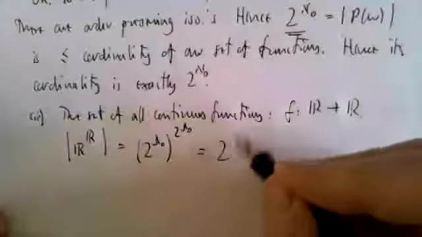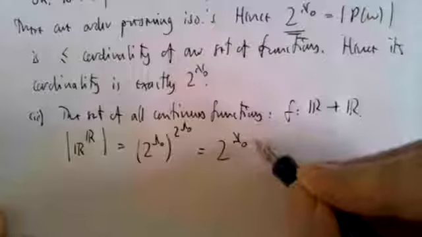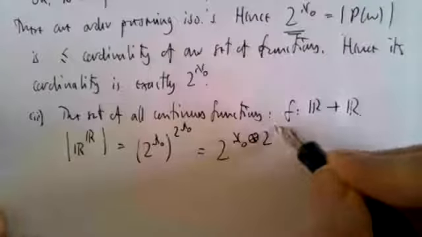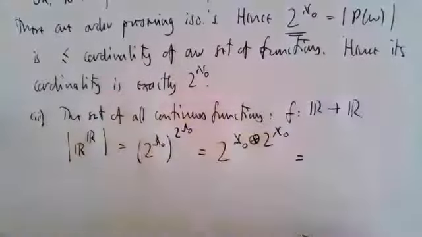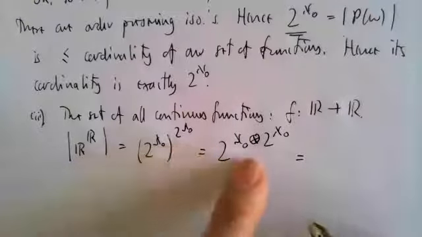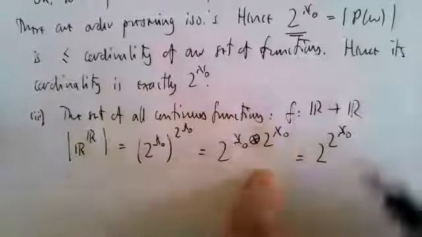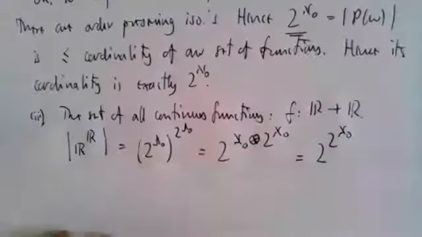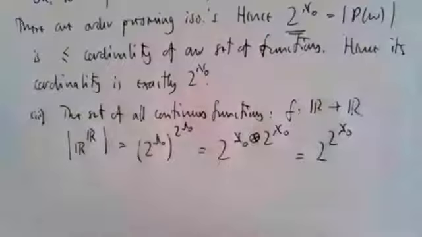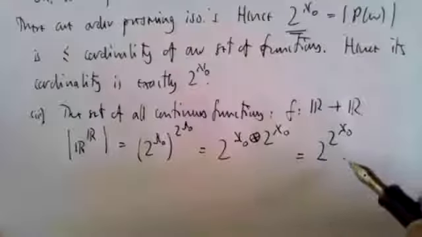Let me just do the cardinal arithmetic there. By rules of exponentiation, rules of multiplication means it's the larger of the two. This is larger than this by Cantor, so I end up with this. But actually, this isn't the answer.